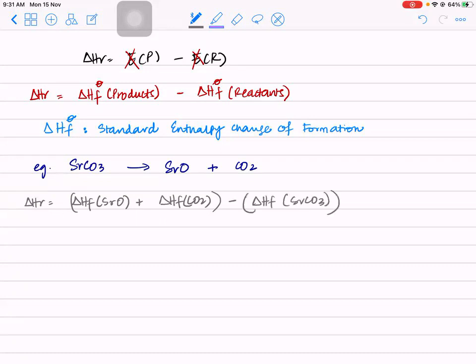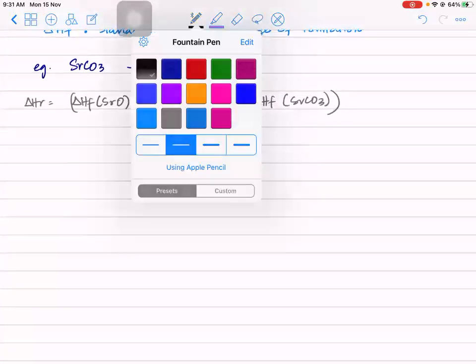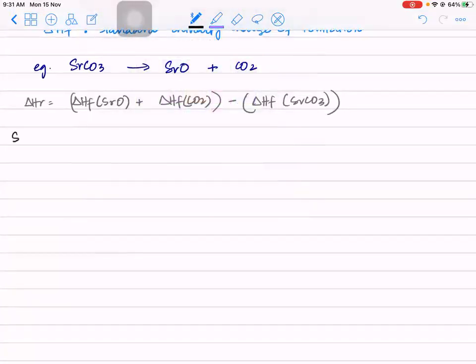Clear? So it will be formation of products minus formation of reactants. Clear? Now, let's see, what do you mean by enthalpy change of formation? So let's define standard enthalpy change of formation. So let's see what this is.